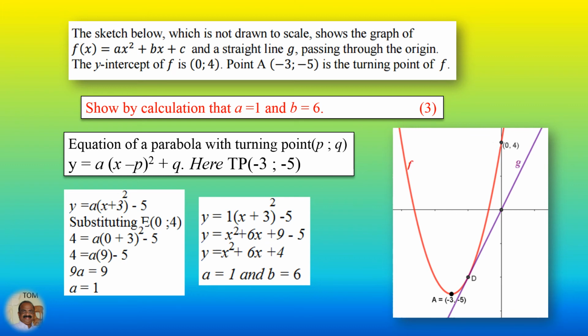So the coefficient of x is b, so we have b = 6. a is already available. Even if the question says c, c = 4. Okay?